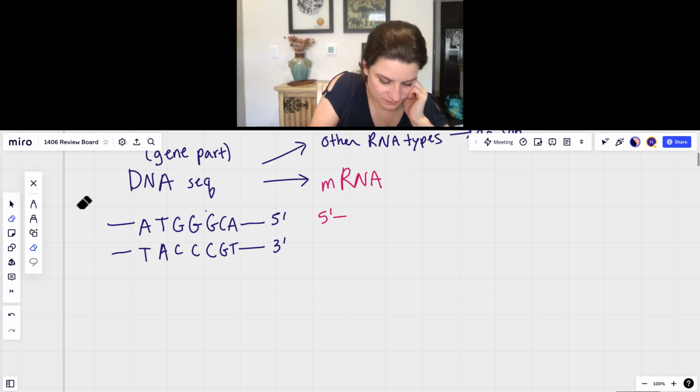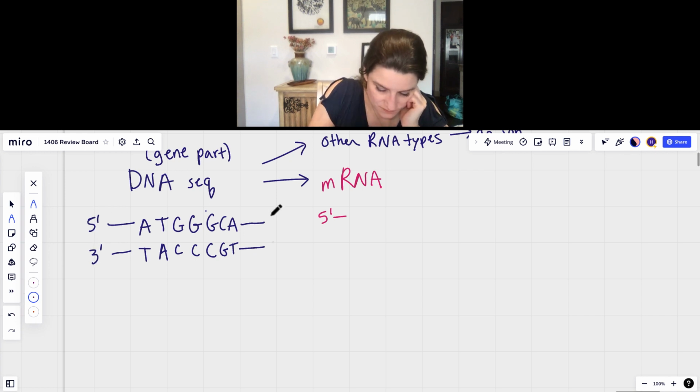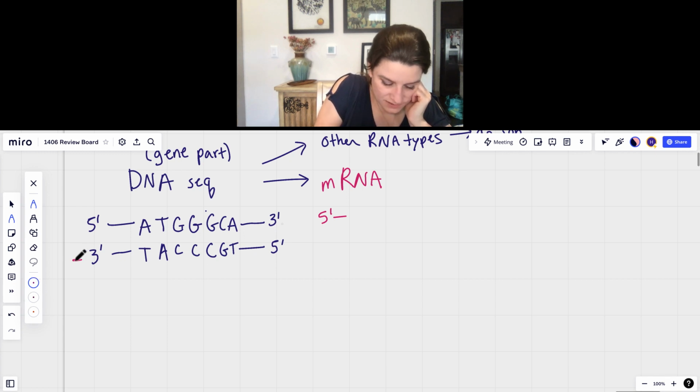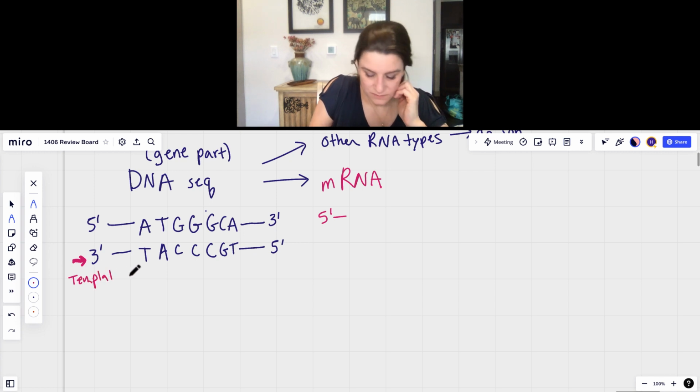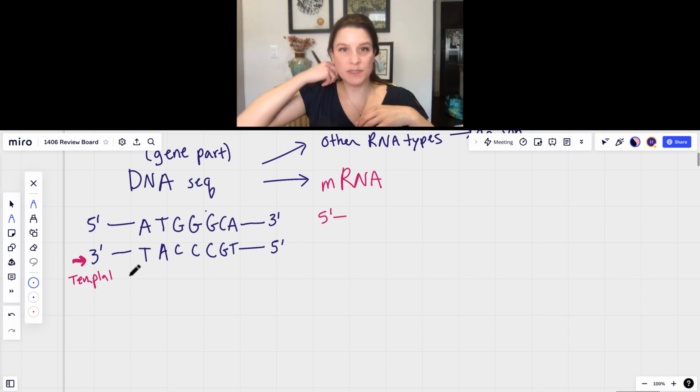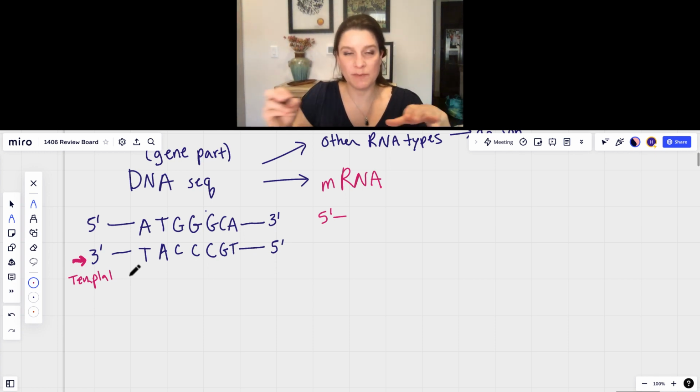Let's just change these. And we're going to make the bottom strand the template strand. Okay, so if the bottom strand's the template strand, the mRNA is built 5' to 3'.